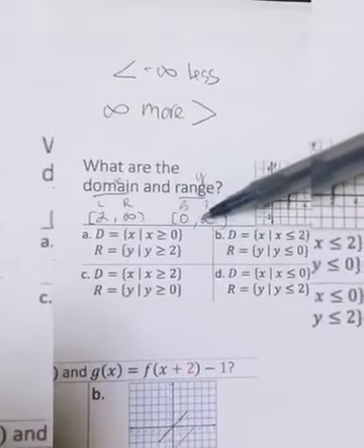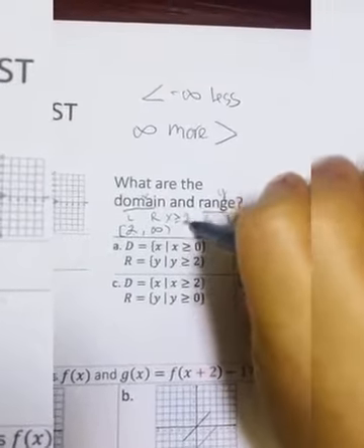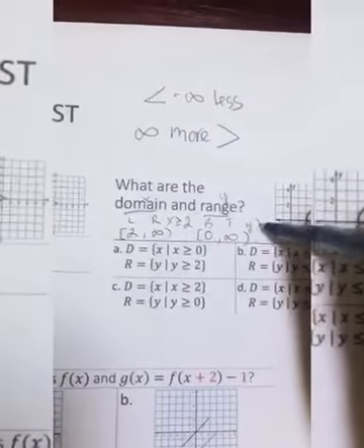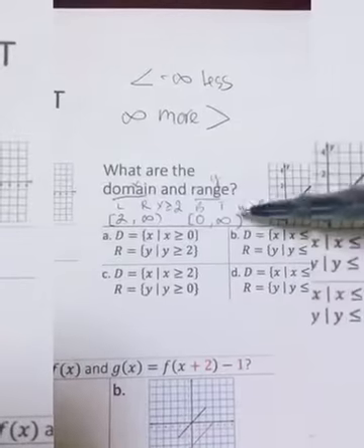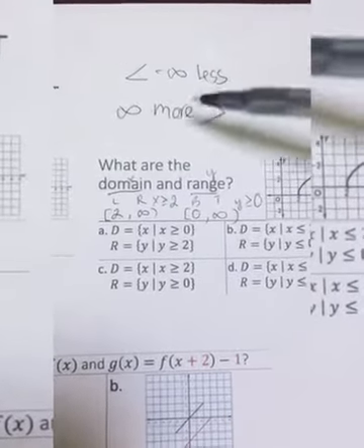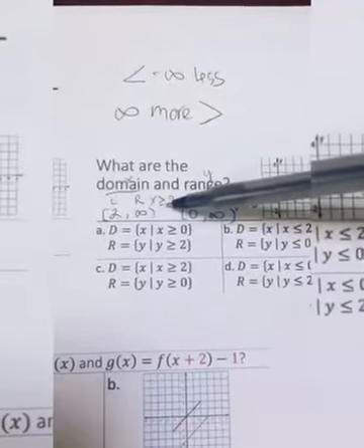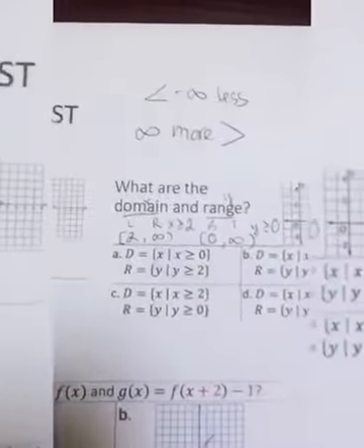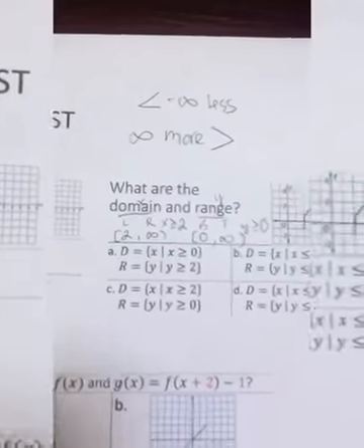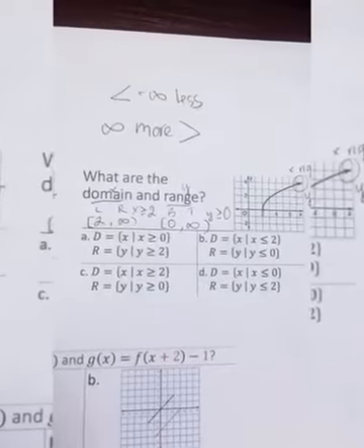Both of these are going to positive infinity, so x is greater than or equal to 2 and y is greater than or equal to 0. They're both included, so we have the equal sign. Going to positive is more, so we use greater than, which is your right hand. If it goes into negative infinity, the number is getting less, so we use less than.